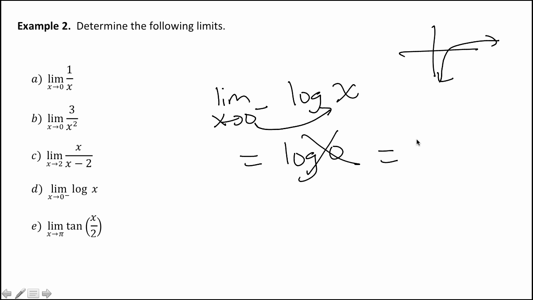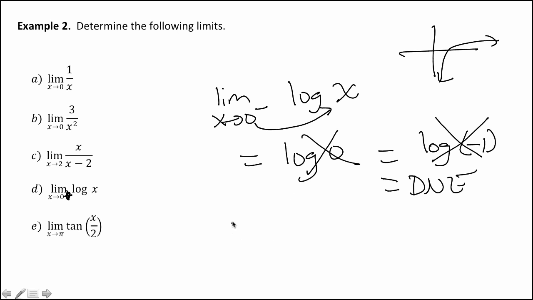So log of 0 is undefined, so therefore there has to be some kind of vertical asymptote. So now we're going to proceed to plug in a number just to the left. Sorry, this should be a right-sided limit, not a... No, actually, no, it's a negative-sided limit. If you do it from the left, then you're going to get log of, say, negative 1, which we know that we also cannot do that, so it does not exist.